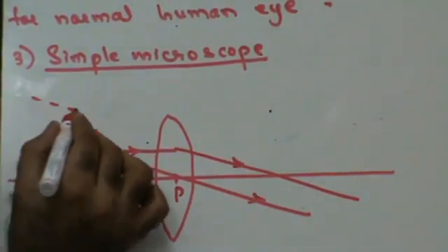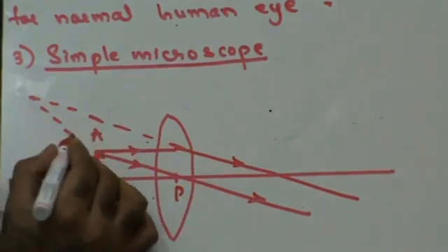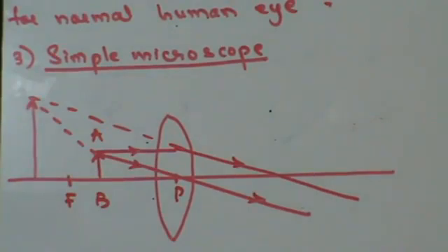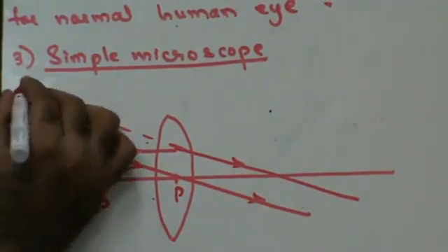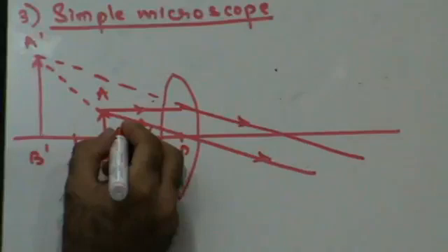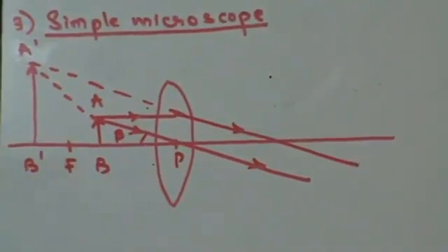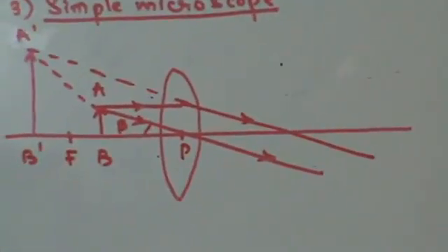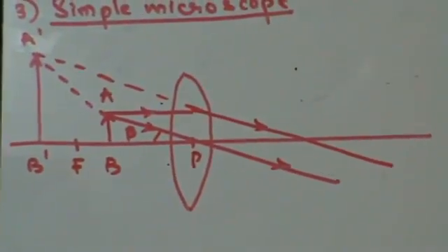As a result, you will get a virtual, magnified and erect image, A1 B1. This is how a simple microscope works. Let's assume that this angle is beta, that is, the angle subtended by the image on the eye is beta.